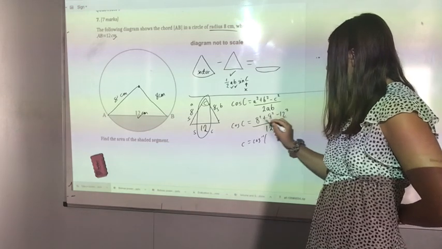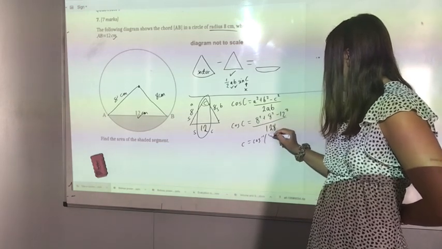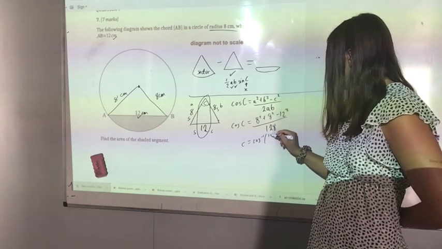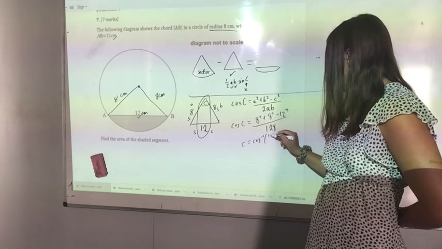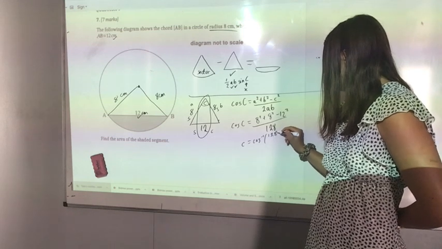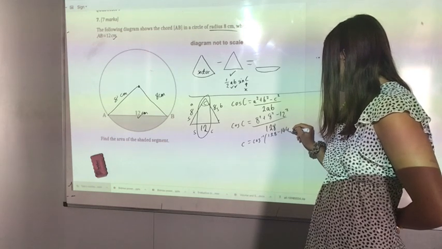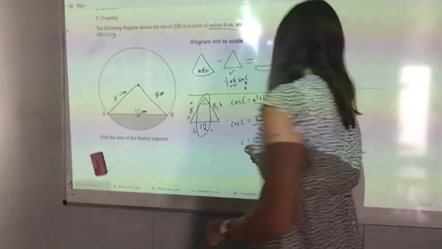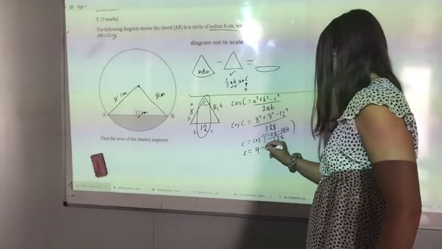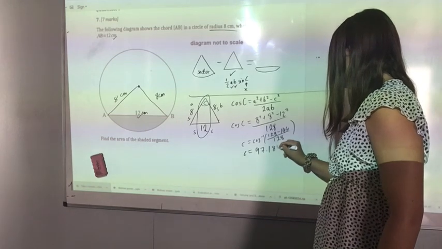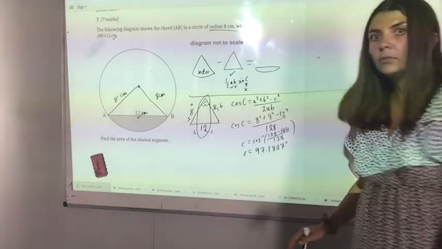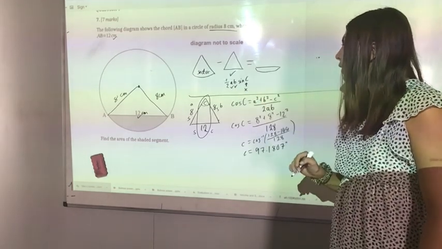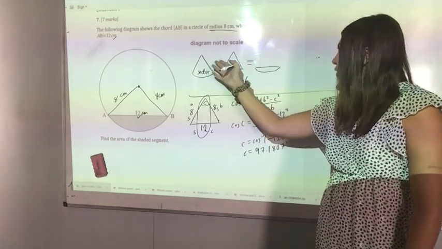So it's going to be 64 plus 64, which would be the following: 128 minus 144 divided by 128. This is going to give us, as expected, an angle of 97.1807 degrees.